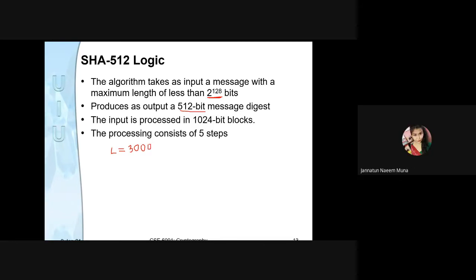Then we have to convert it to a multiple of 1024. The closest multiple of 1024 is 3072, because 3072 is equal to 3 times 1024. Am I clear?